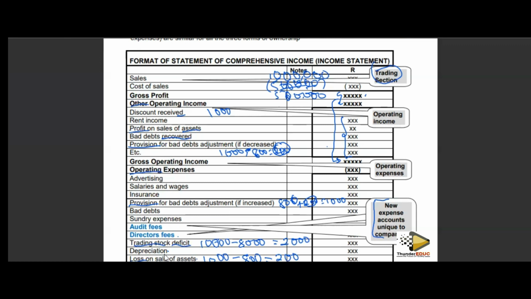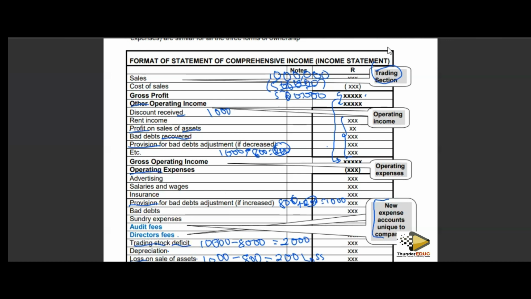So this 200, we record it as a loss. So this 200 loss is an expense in our books. So ETC, we are saying that we have other expenses.